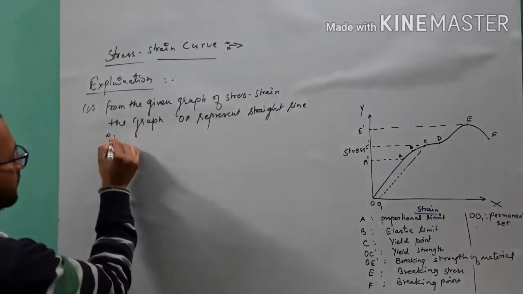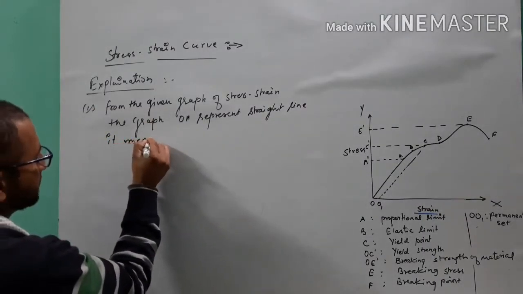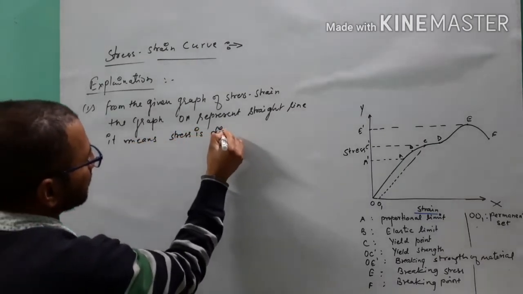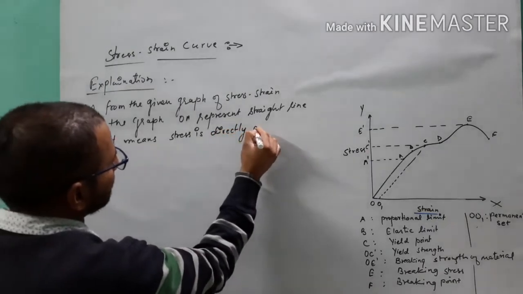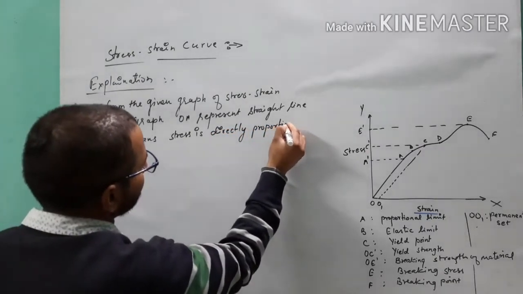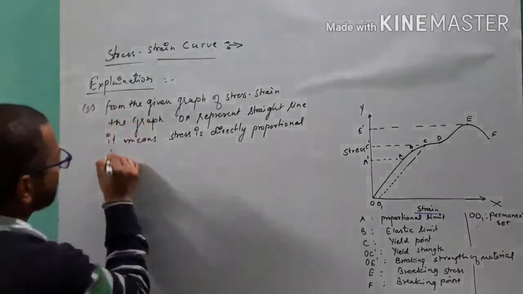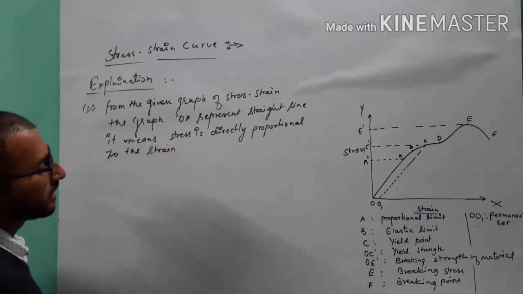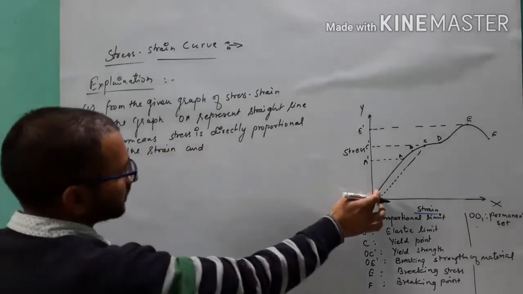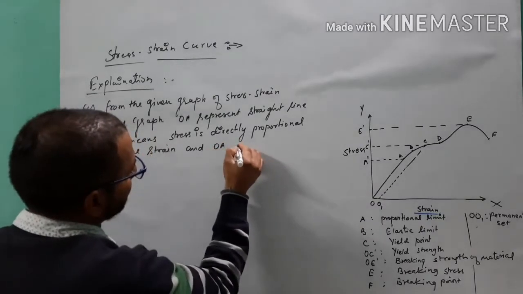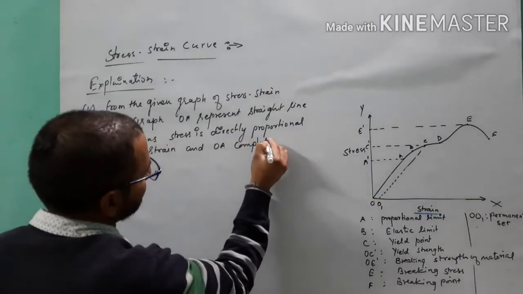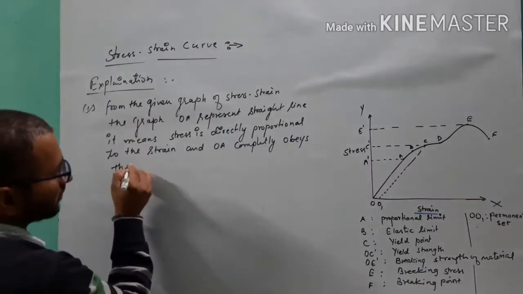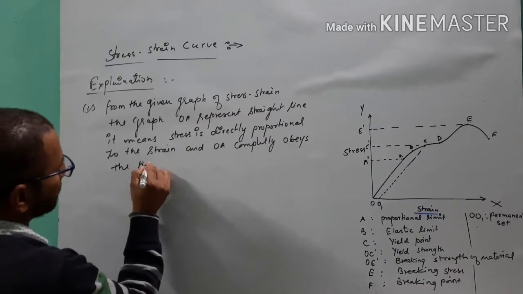It means stress is directly proportional to the strain. Point clear? And this curve OA completely obeys Hooke's law.